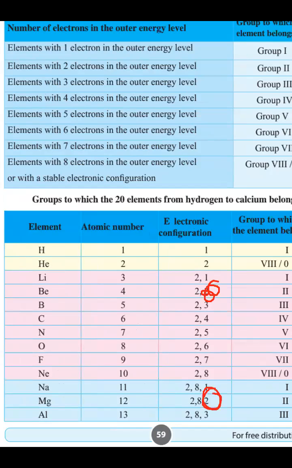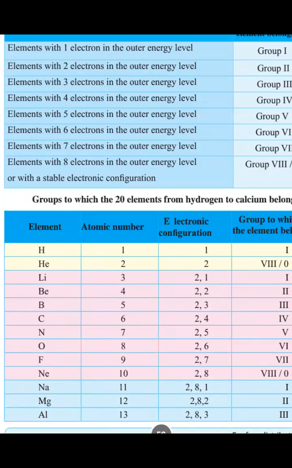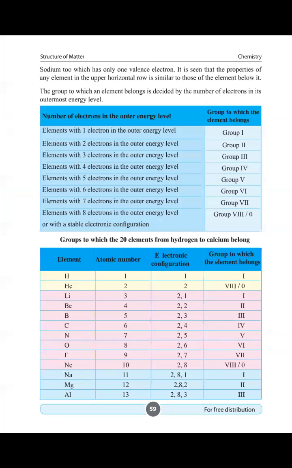Beryllium, group 2. Why? Last energy level has 2 electrons. Fluorine, group 7. Why? The valence electrons are 7. Last energy level has 7 electrons. That is how to determine the period and the group.